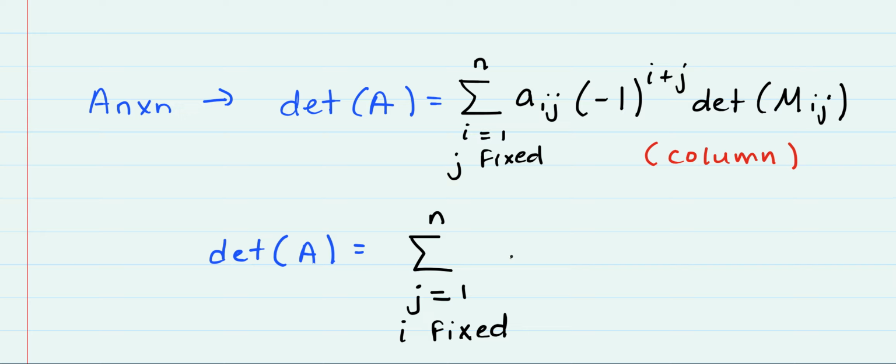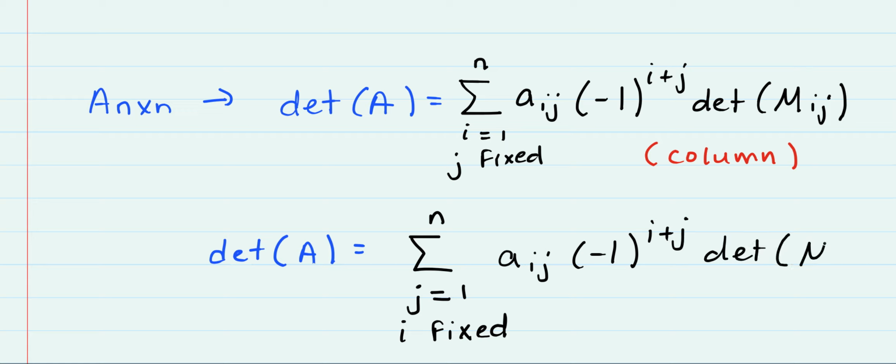I'm just going to repeat this definition, and this is your row option. Now we're going to actually go through this to make sure you understand the differences between these two definitions and so that you know how to find the determinant of a matrix.